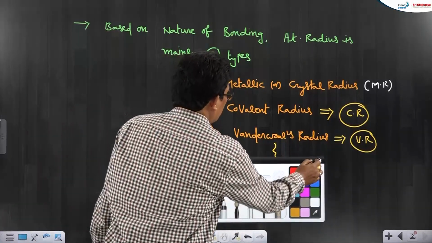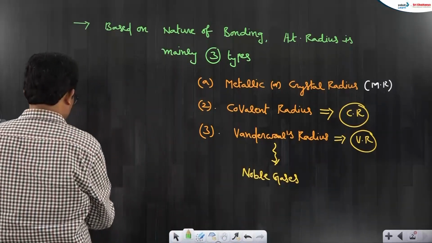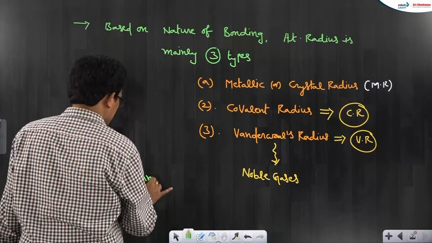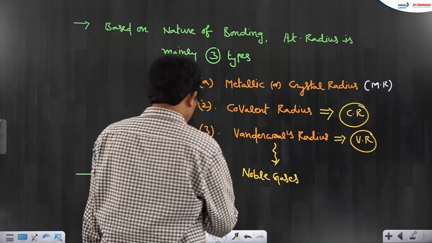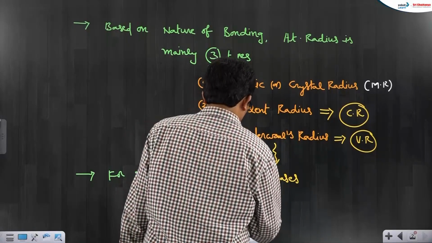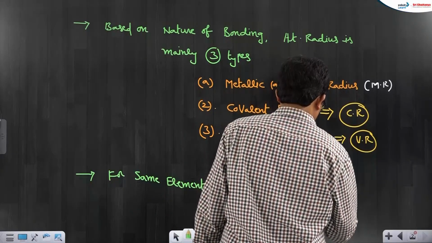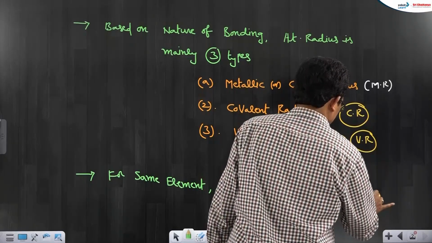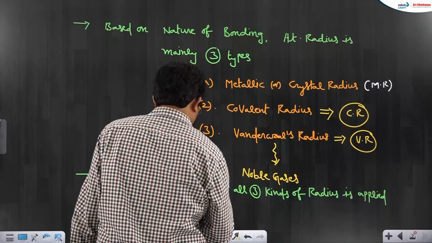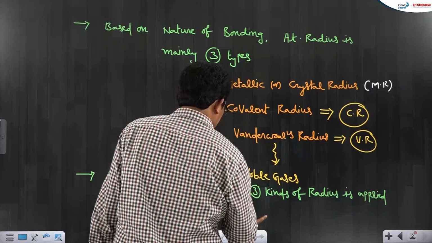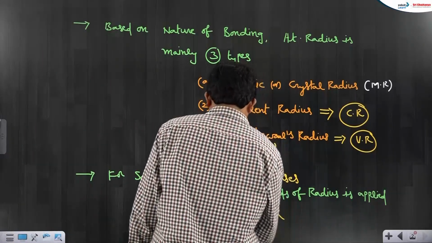If all three types of radii are applied for the same element, then the order is: van der Waals is always greater than metallic radius or crystal radius, and metallic is always greater than covalent radius.